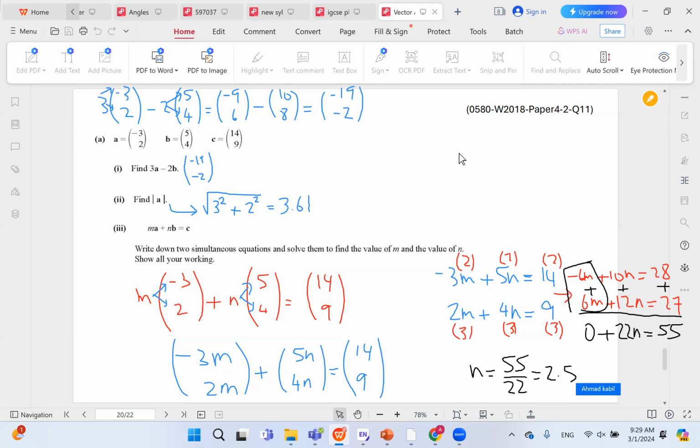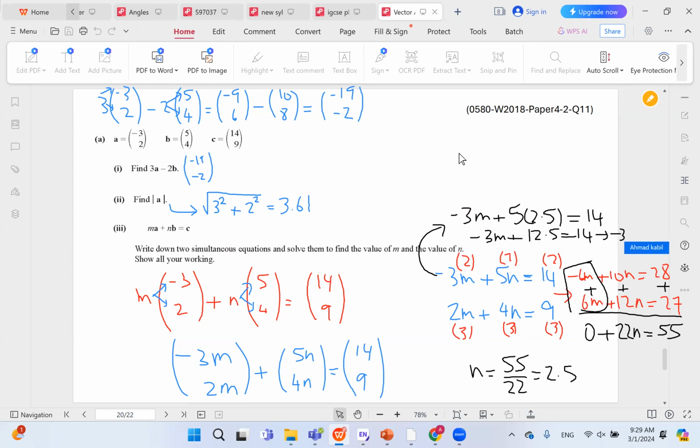And then we substitute it in either one of the equations to find the value of m. So let's, for example, take this one here. We have negative 3m plus 5n, so 5 times 2.5, equals 14. So negative 3m plus 12.5 equals 14.